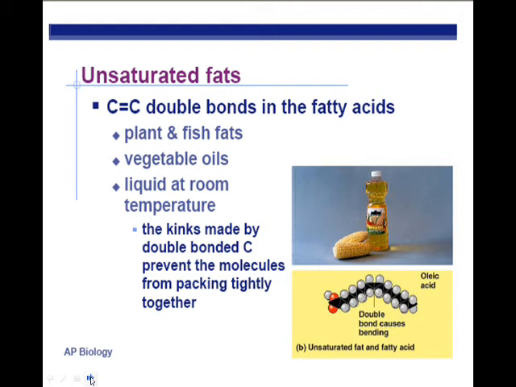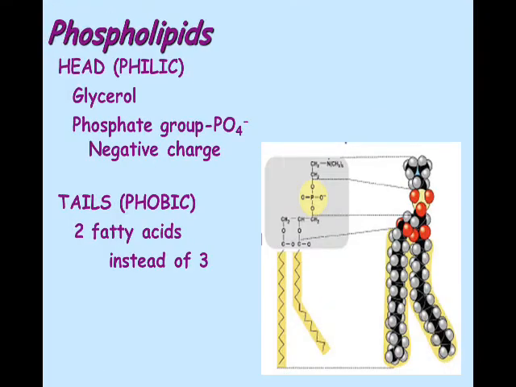And because of that kink, those molecules, the fatty acid tails, don't pack together quite as tightly. So most unsaturated fats are liquids at room temperature, and we find them in plants, vegetable oils, fish oils. That kink prevents the molecules from packing so closely together.